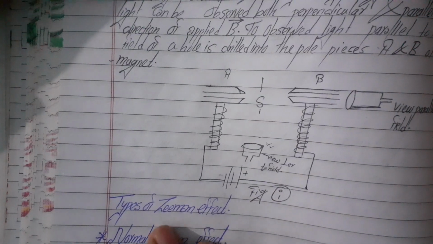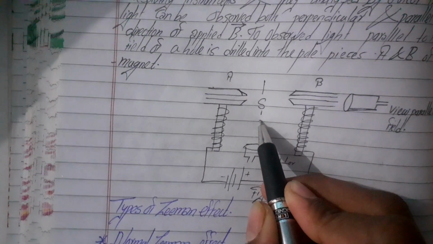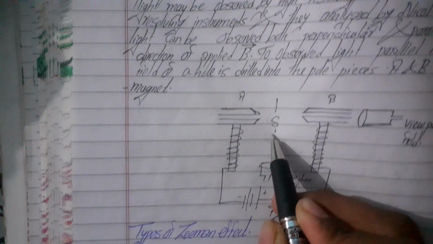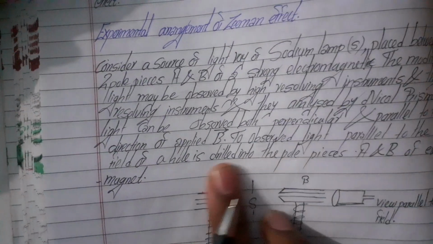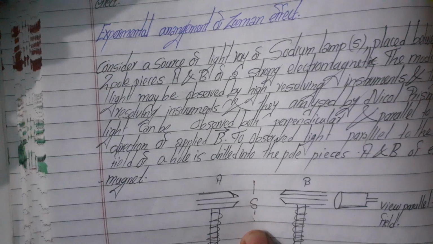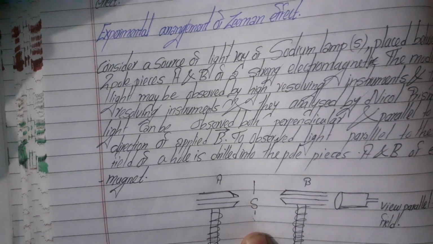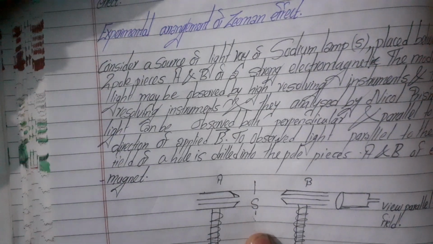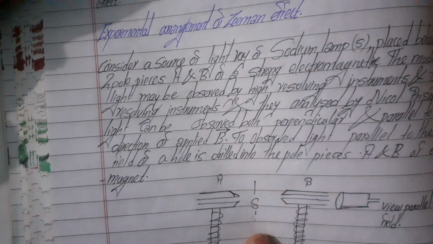Here we have the experimental arrangement, or experimental setup, of Zeeman effect. For this we have S, that is the source of light. S is the source of light, the light ray of a sodium lamp.